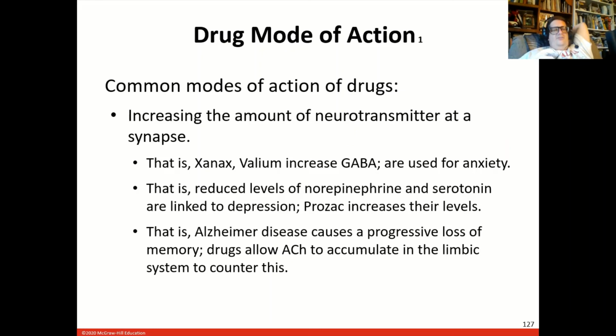Prozac will increase the amount that you release. Alzheimer's is progressive memory loss. You can take drugs to increase the amount of acetylcholine to strengthen connections in the limbic system, and I would assume that means you're strengthening the connections between those nerves.